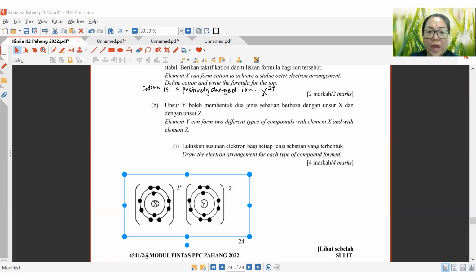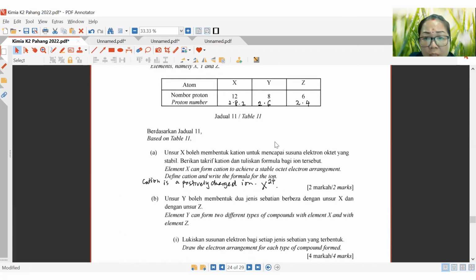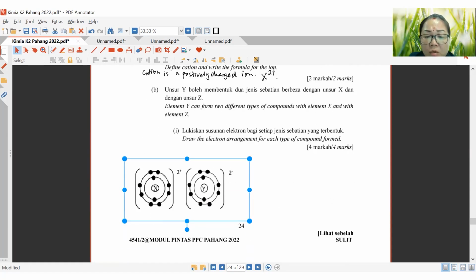Whereas for atom Y and Z, in this case, we will take Y and Z. Okay, Y and Z, they have to be sharing electrons, and the diagram will be something like that.